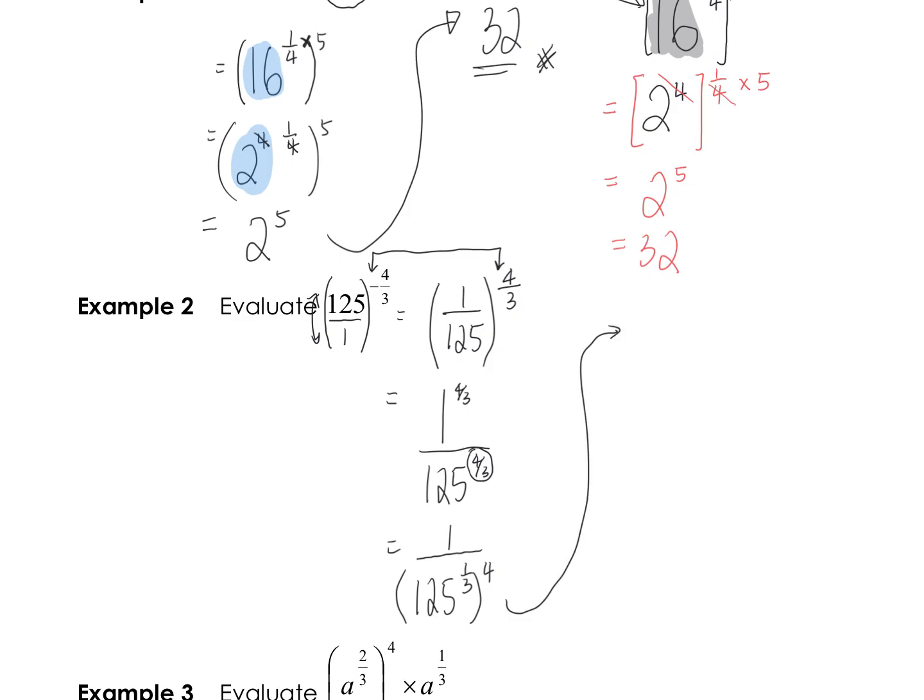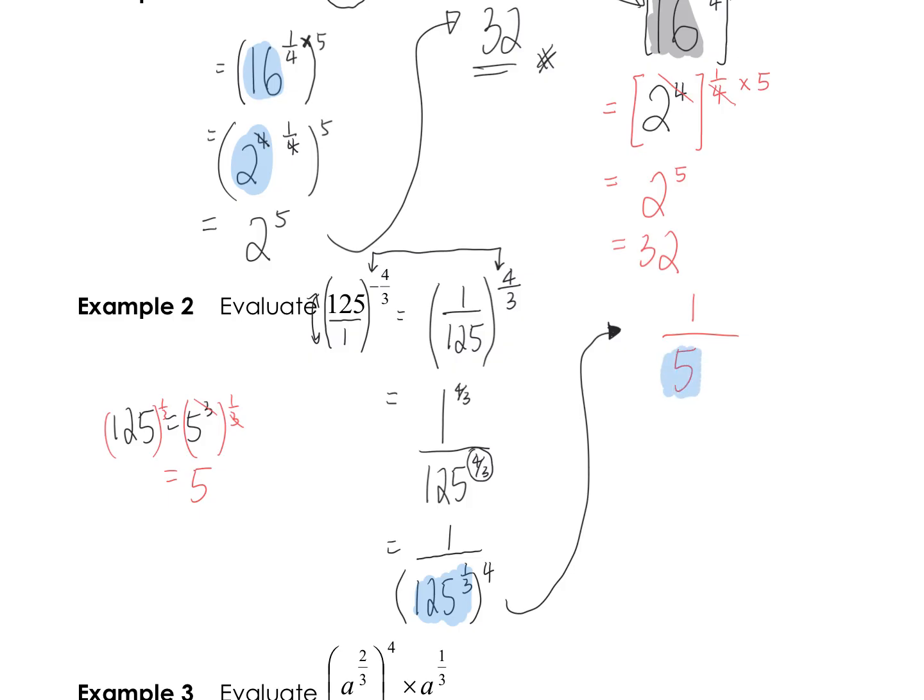What is the cube root of 125? Just 5, because 125 is essentially 5 cubed. So the cube root of 125 is just 5.